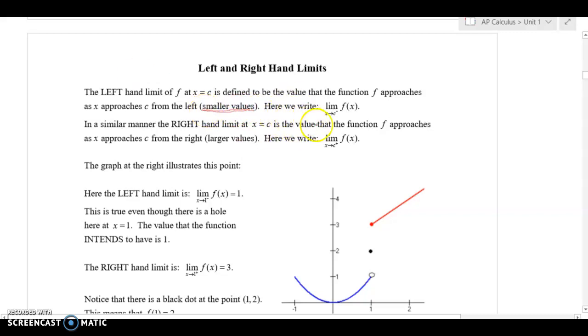So here we write the limit of f of x as x approaches c from the left. So let's practice writing that one out.